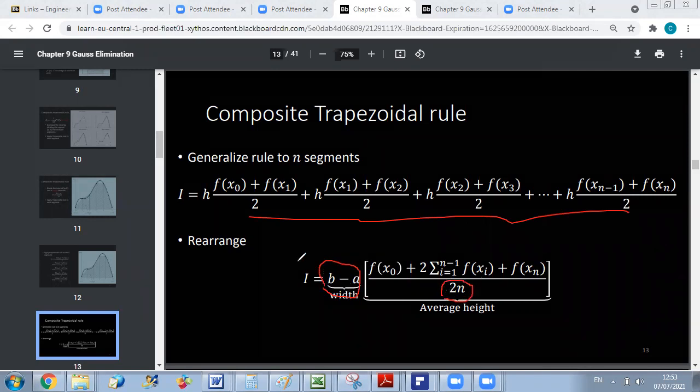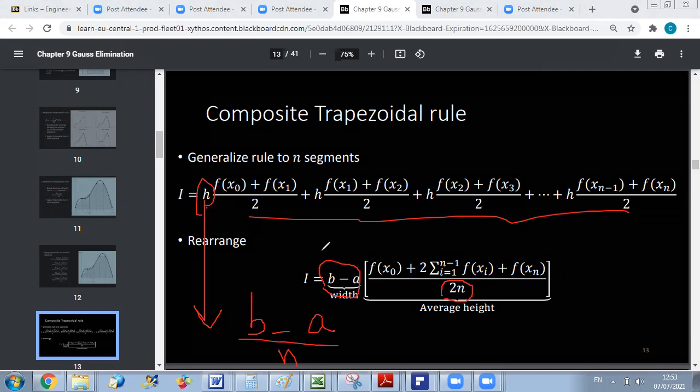Why? Because h is b minus a, the width of the whole interval, over the number of segments you are using. So the higher the number of segments, the lower h will be. So h is equal to b minus a over n, and I can replace h in this formula by b minus a over n.